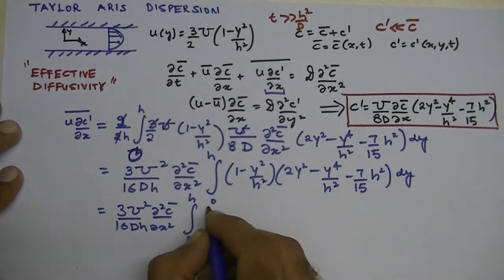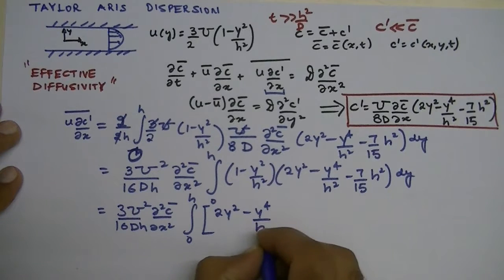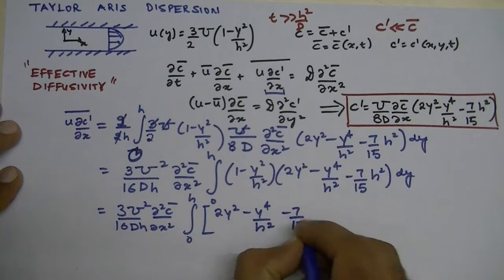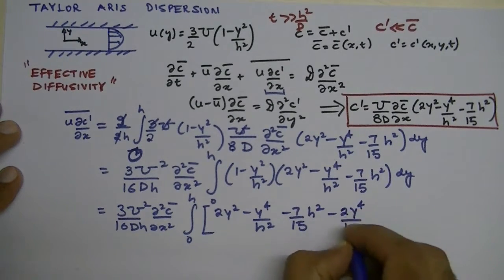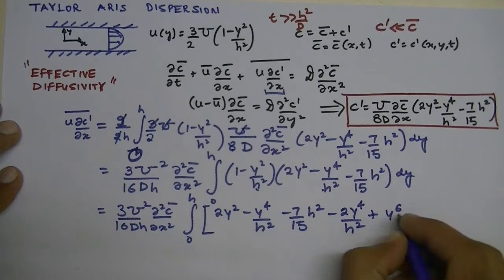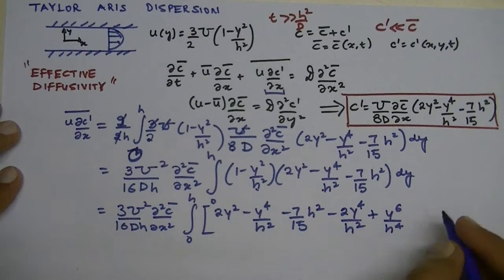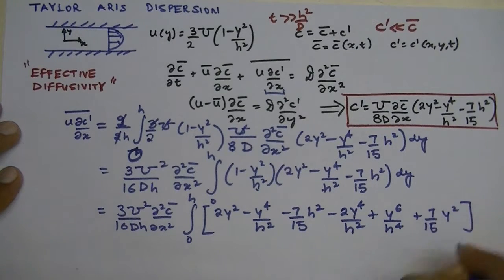So we can expand the integrand: we have 2y squared minus y to the 4 over h squared minus 7 over 15 h squared, minus 2 times y to the 4 over h squared, plus these two terms, y raised to the power 6 over h raised to the power 4, and plus 7 over 15 y squared, dy.